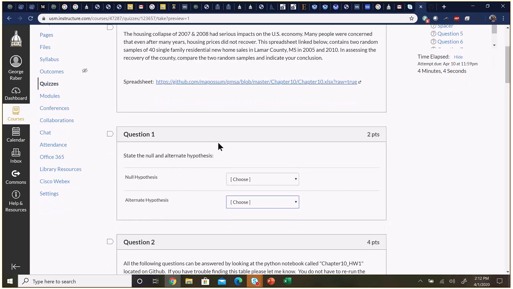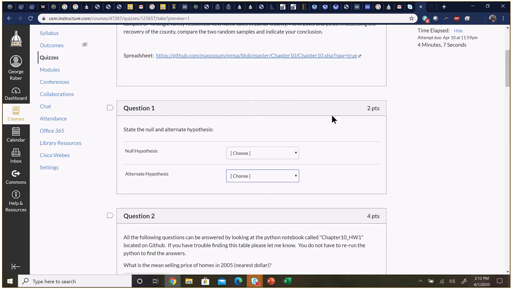Since it's a recovery that we're testing for, the values in 2005 should be higher than they are in 2010 if there isn't a recovery. If there's a recovery, 2010 should be equal or greater.